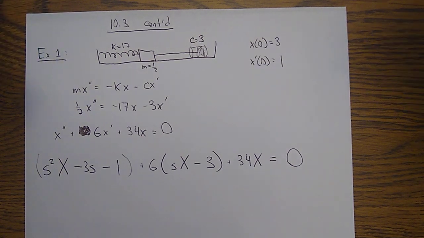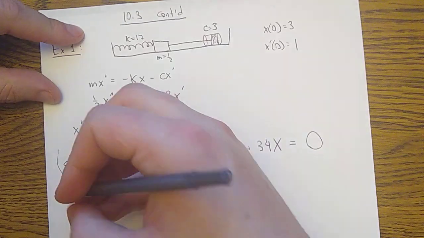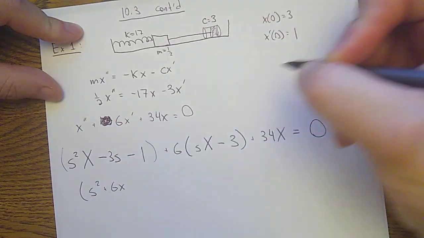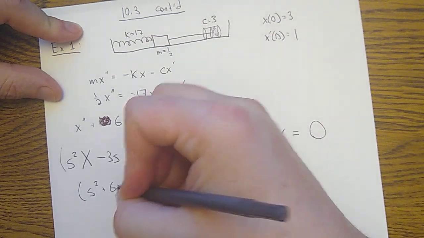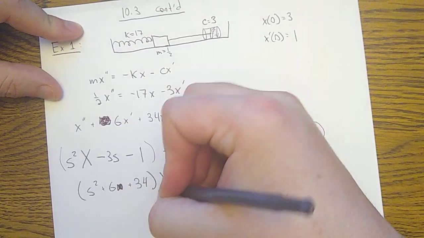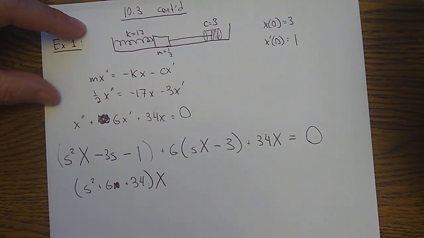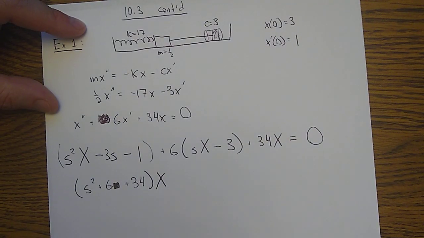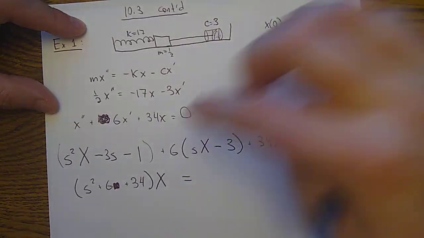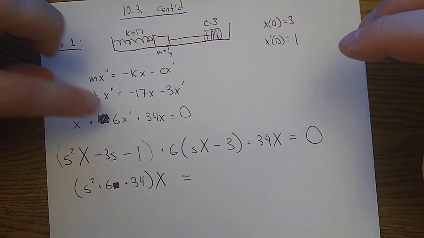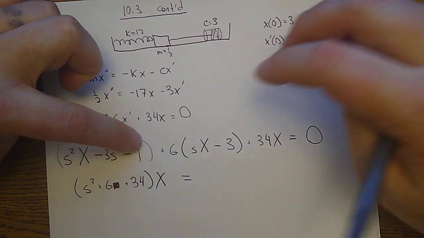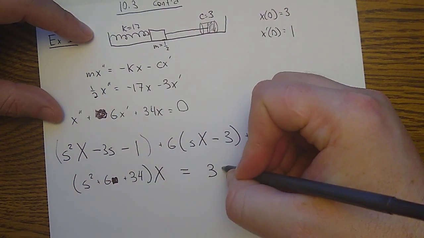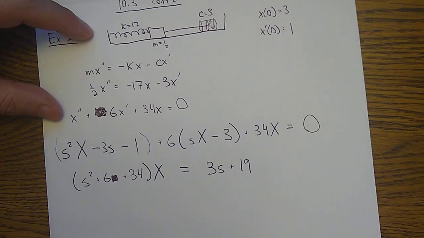Okay, so there we are. Let me collect all the x terms. S squared plus 6s plus 34, oops, I was factoring out x, so I didn't need any x's in there. Let me go ahead and get everything else to the other side. So I would have a 3s, I would have a 1, I would also have an 18 from this. So let me write 3s plus 19.